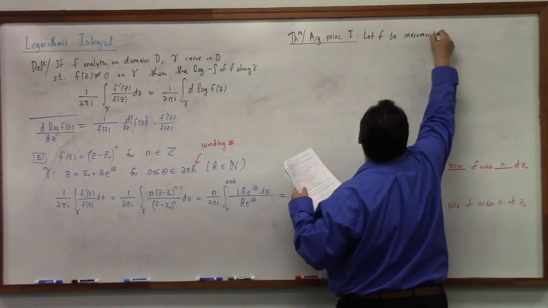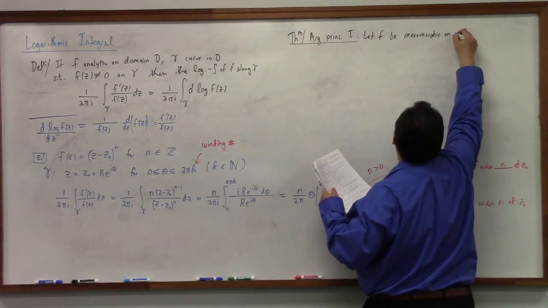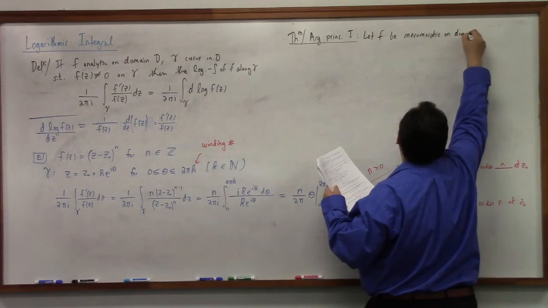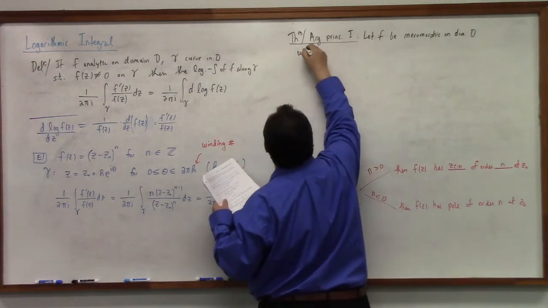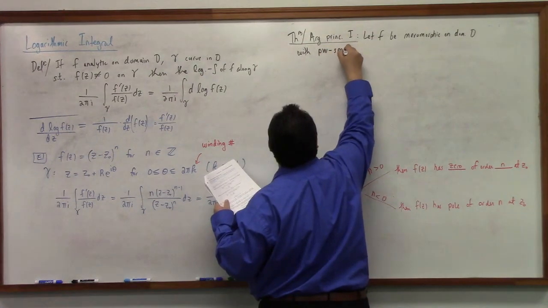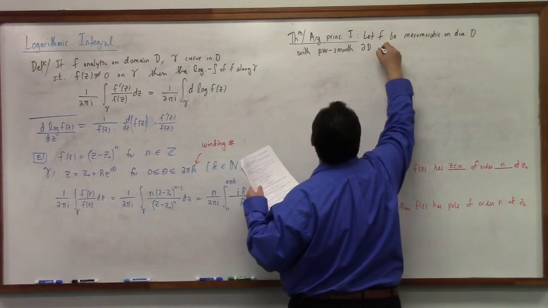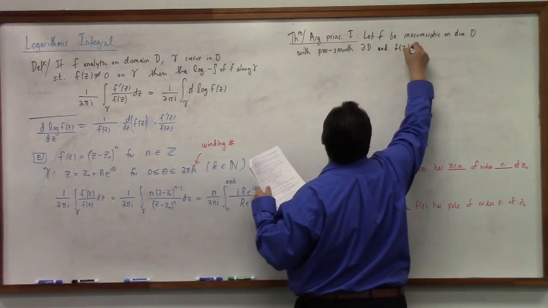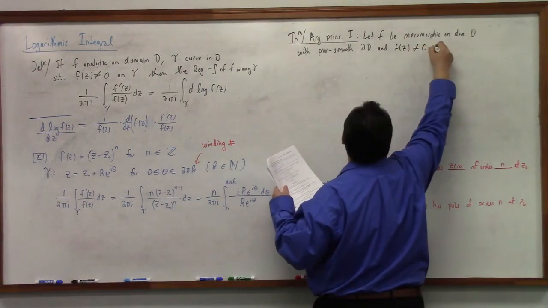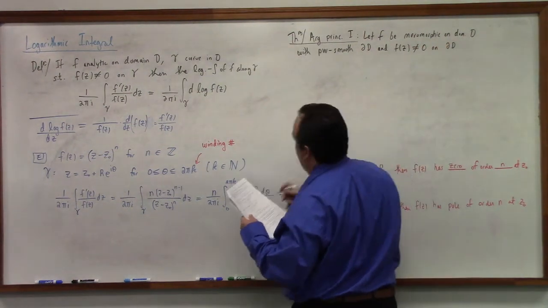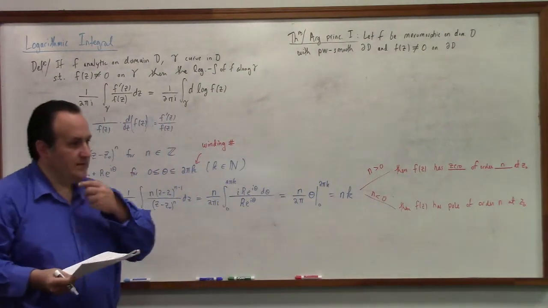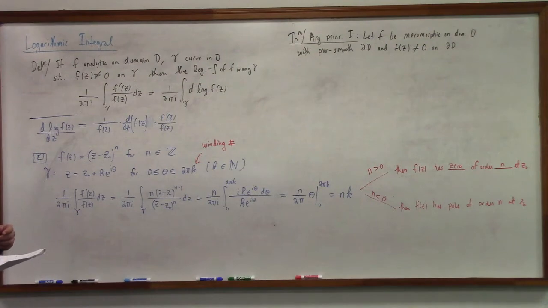What did meromorphic mean? Meromorphic means that it's holomorphic except at a collection of isolated singular points, each of which has a pole of finite order.